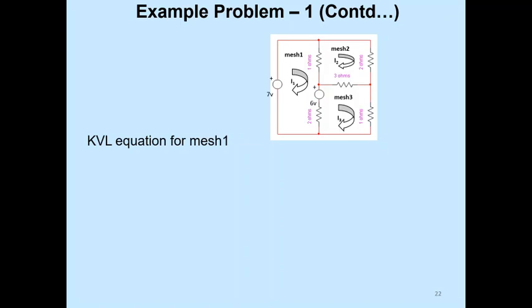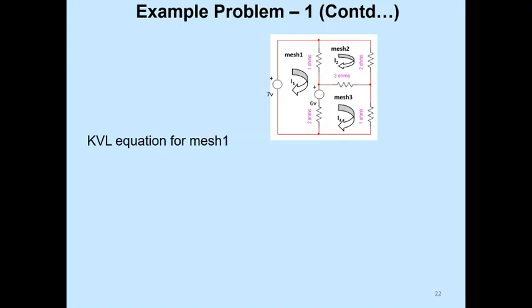So we are writing the KVL equation for mesh 1. See here, the current I1 is flowing through 1 ohm and 2 ohms, but at the same time through 1 ohm I2 is flowing and through 2 ohms I3 is flowing.